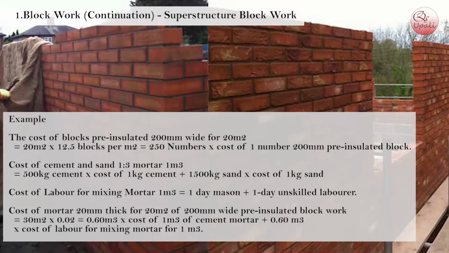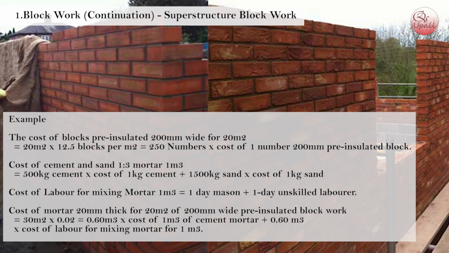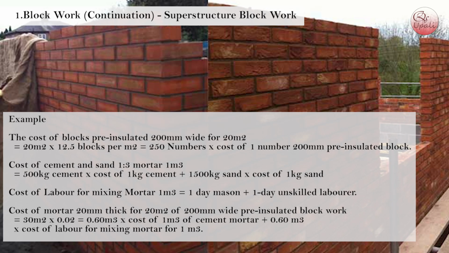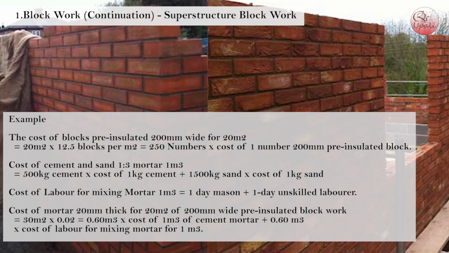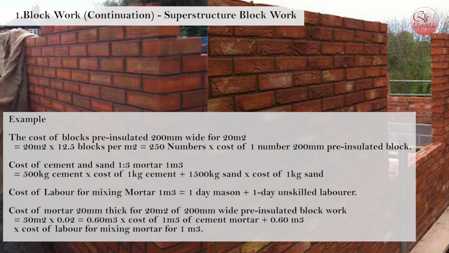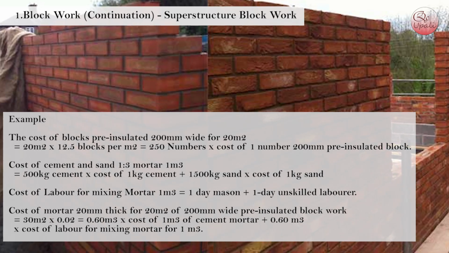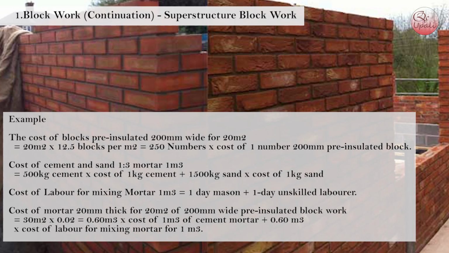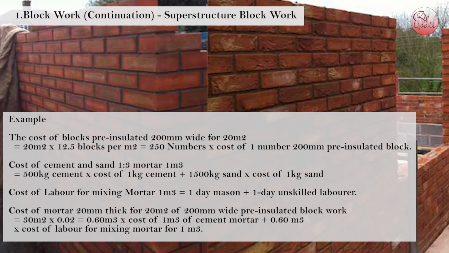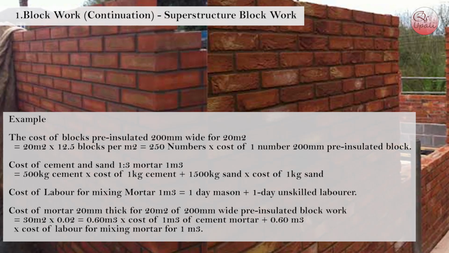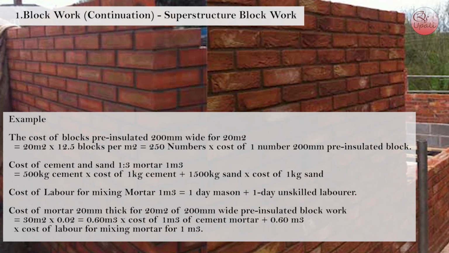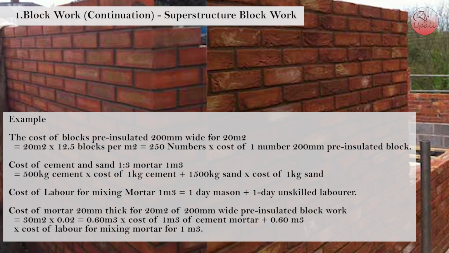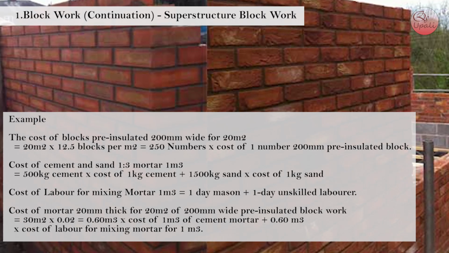Cost of mortar 20 mm for 20 m² of 200 mm wide pre-insulated block work equals 30 m² into 0.02 equals 0.60 m³ into cost of 1 m³ of cement mortar plus 0.60 m³ into cost of labor for mixing mortar for 1 m³.